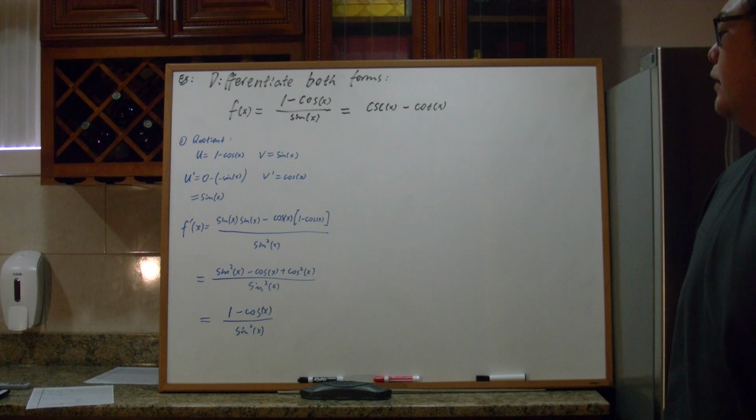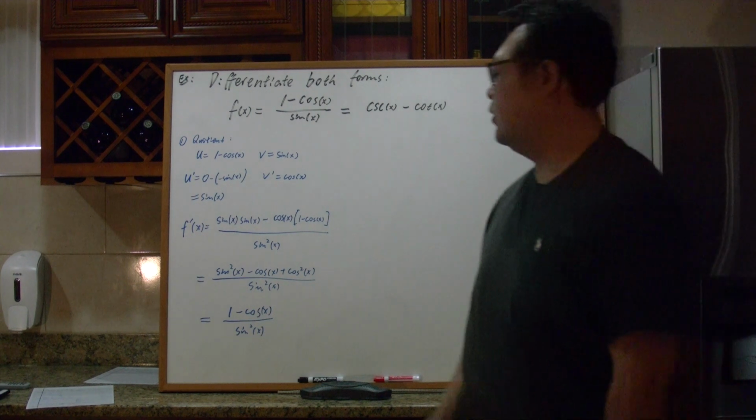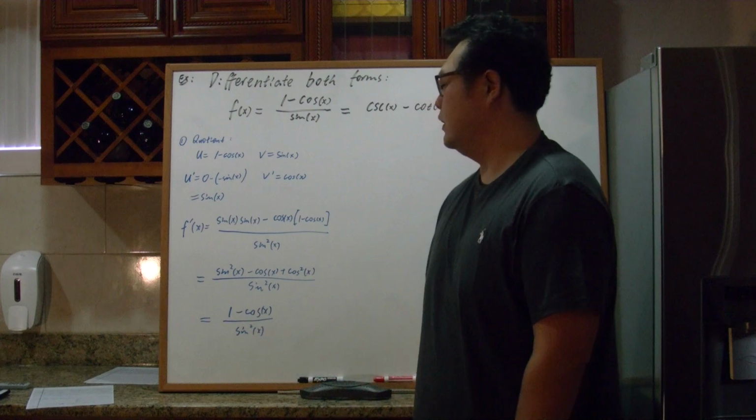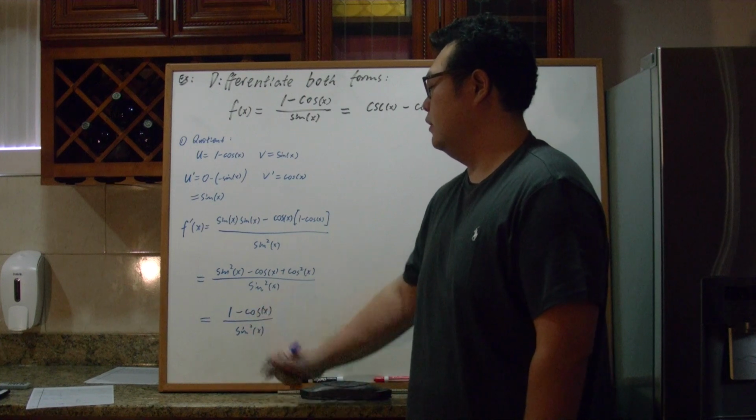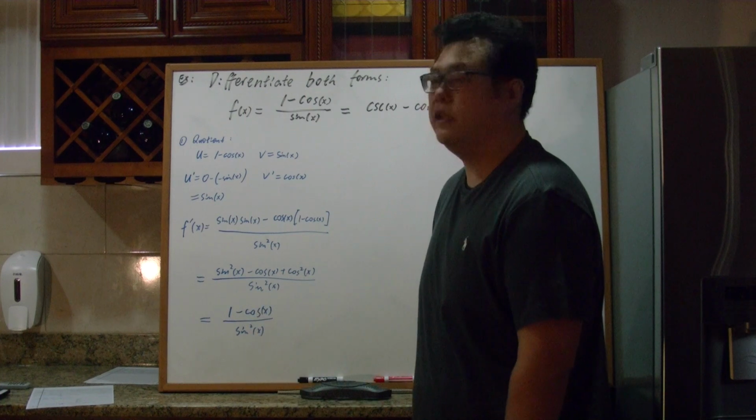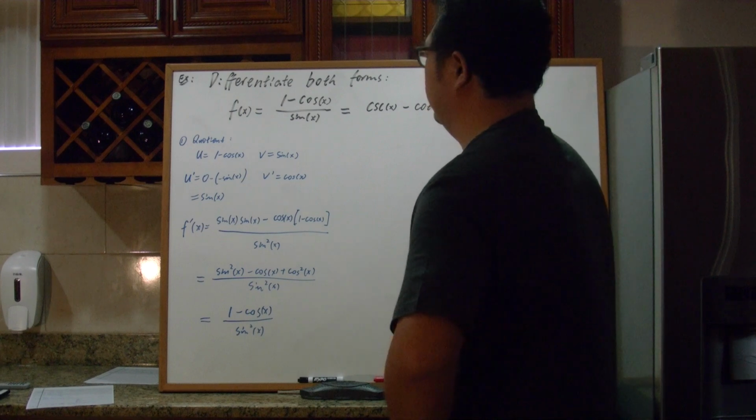That's what we can get. Of course, you could simplify more to get cosecant squared minus cosecant cotangent. That's also appropriate.